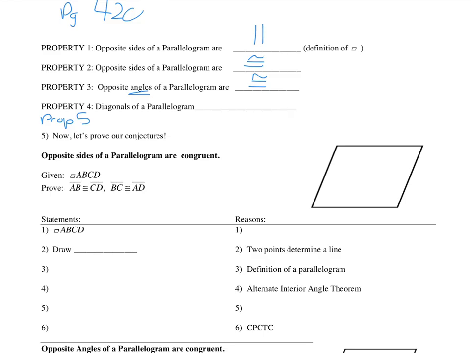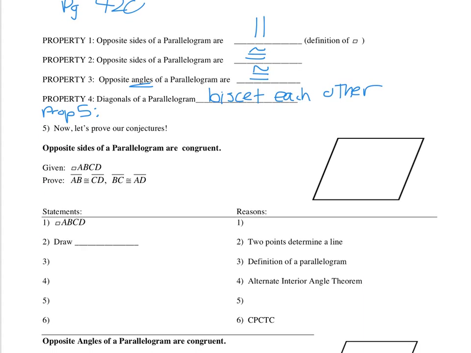Diagonals of the parallelogram bisect each other. And what we used is property 5. And property 5 says that consecutive angles are same side interior angles, so they're supplemental. So consecutive angles of a parallelogram are supplements.